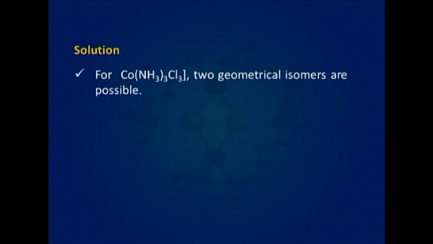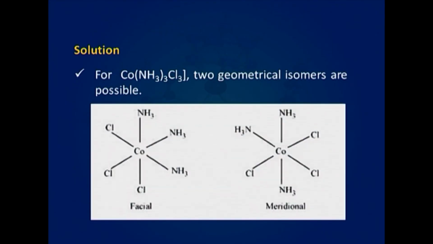For [Co(NH3)3Cl3], two geometrical isomers are possible. One is facial, as the three similar ligands are at the three corners of a face, and the other is meridional, as the three similar ligands are in the same plane, that is, at a meridian of the octahedron. So, this was all about geometrical isomerism in coordination compounds.